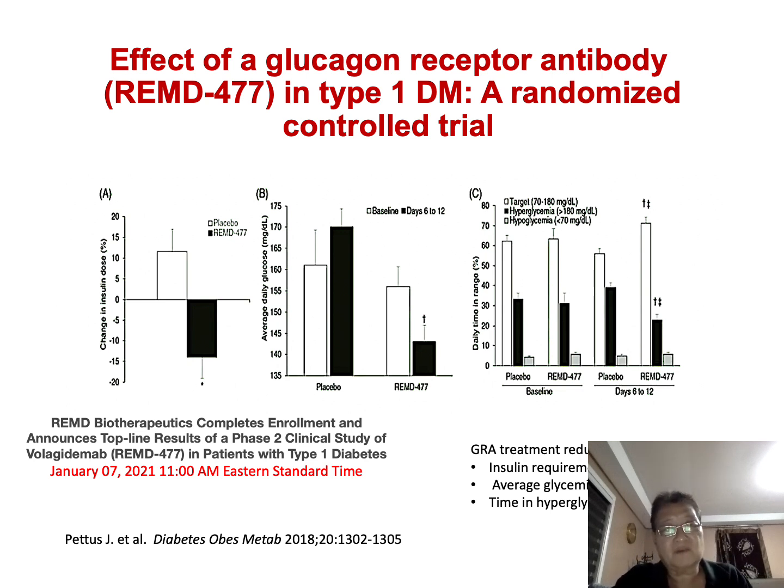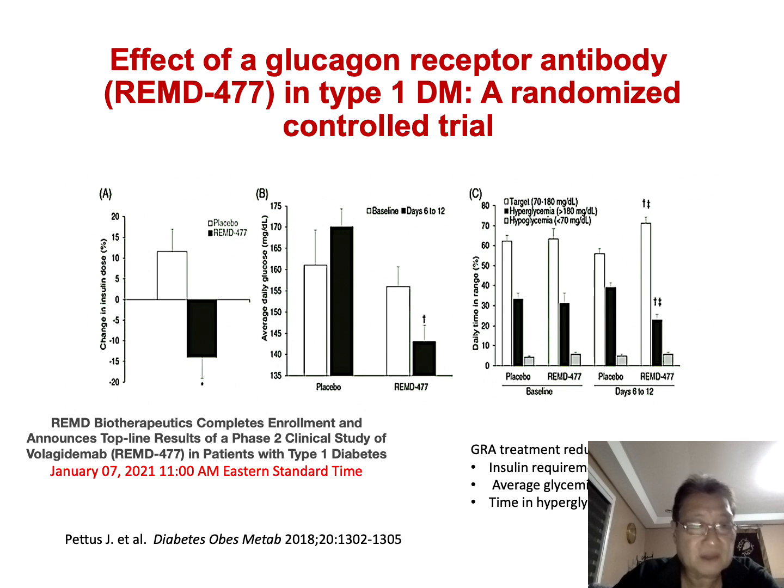You can see in the data that it reduces insulin requirements versus placebo on your letter A. In the middle, letter B, it decreases average glycemia compared to placebo. And letter C, it reduces the time in hyperglycemia versus placebo. They published it on January 7, 2021.